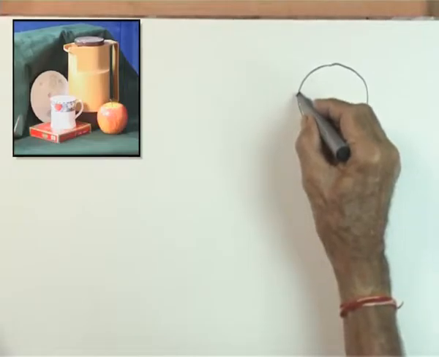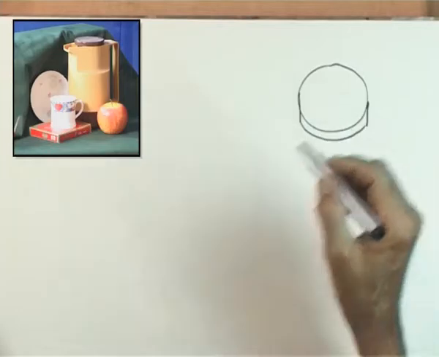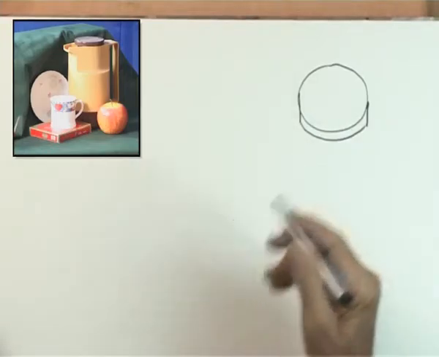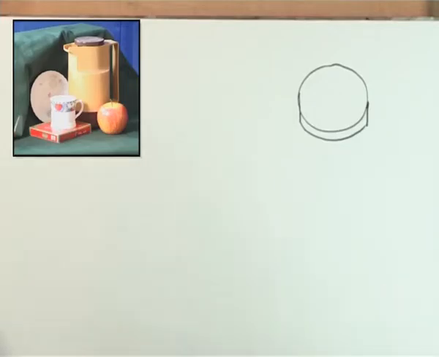It has its width, for example like this. Now I am not presenting the view as it is visible to me. I mean the representational aspect of the objects that are before me.